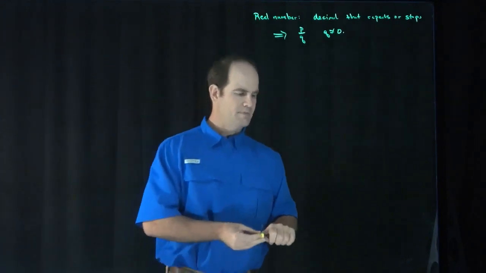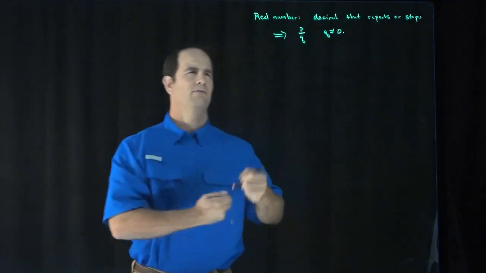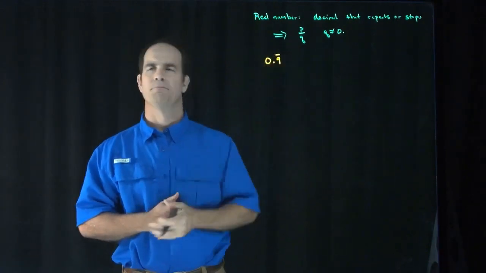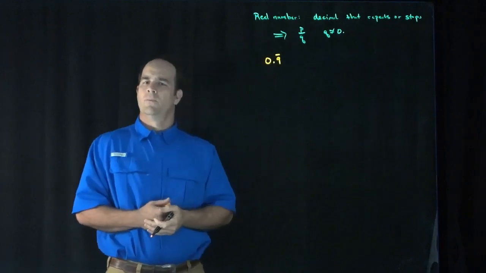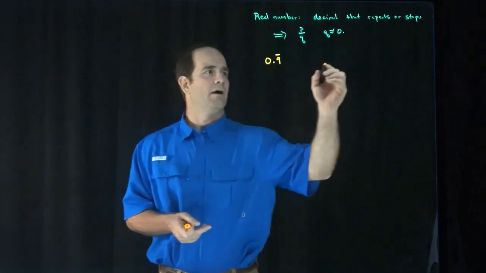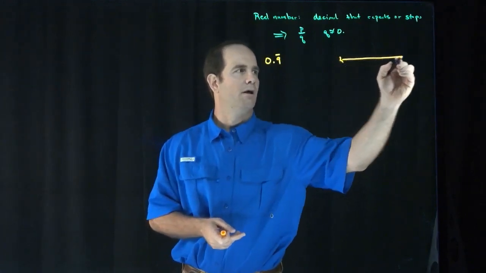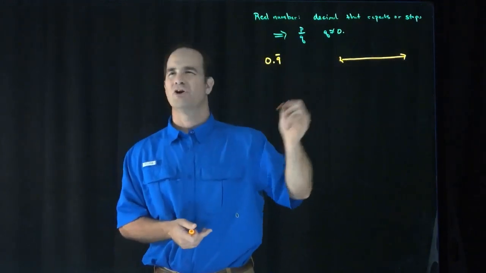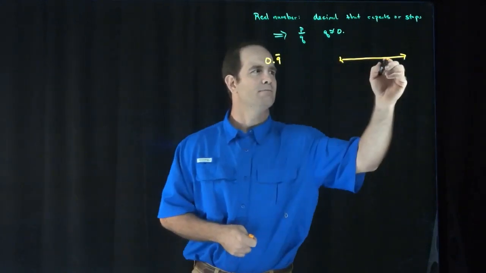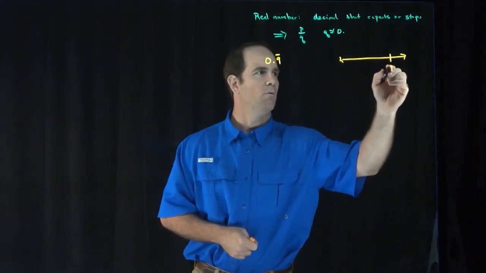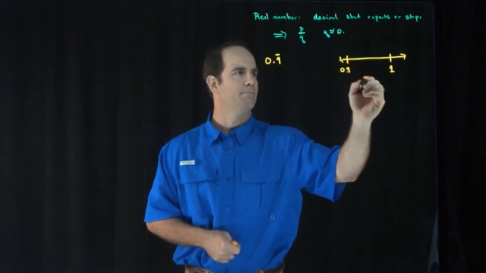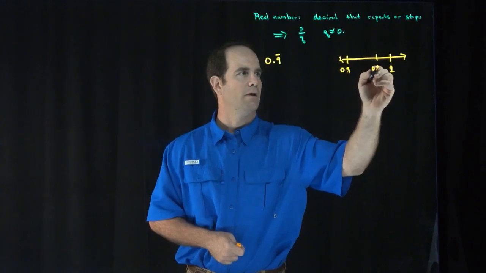So what I want to be specific about here is if I gave you the number 0.9 repeating, what's that equal to as a fraction? If I was to take this number and try and place it on a number line, where would it go? 0.9 repeating really seems like it should be to the left of 1, and it should be to the right of 0.9, to the right of 0.99.